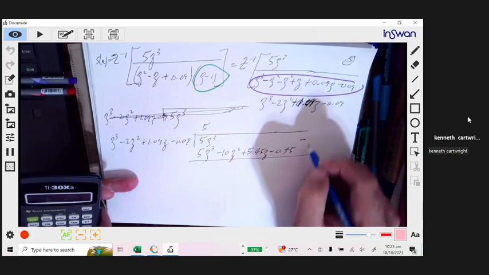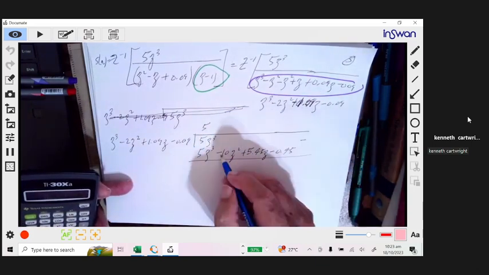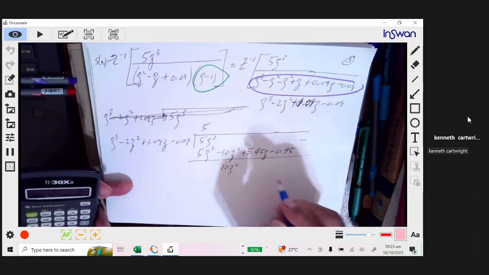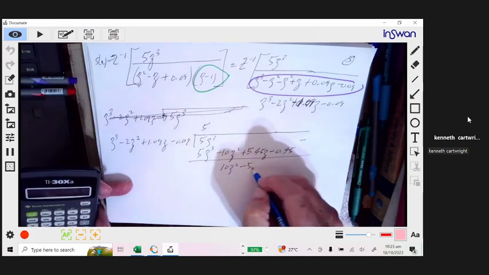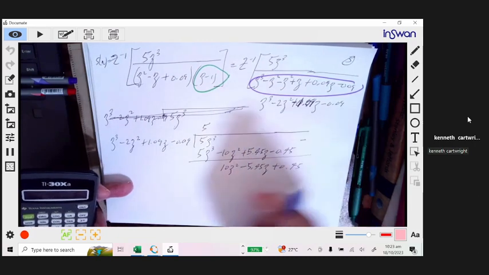And we subtract. So this is 0. So that becomes 10z squared minus 5.45z plus 0.45.